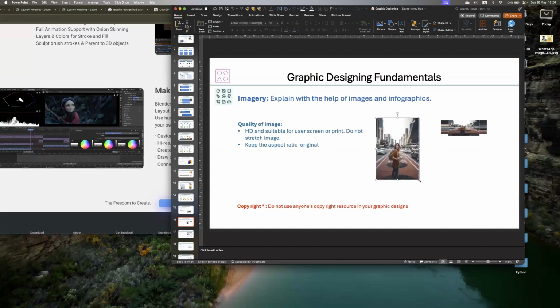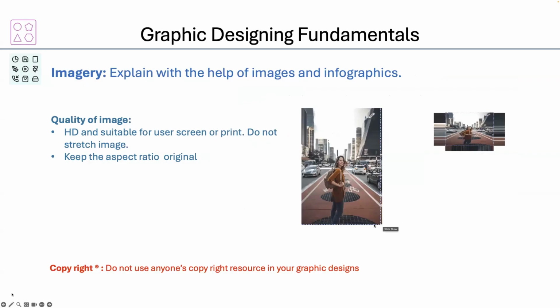So what you should always do is catch the corner and reduce or increase the size of the image so that both the width and the height increase and decrease with the aspect ratio. Like, aspect ratio should be locked. Do not stretch the image on one side, horizontal or vertical. This is not a good habit in graphic designing, and it will not look good.